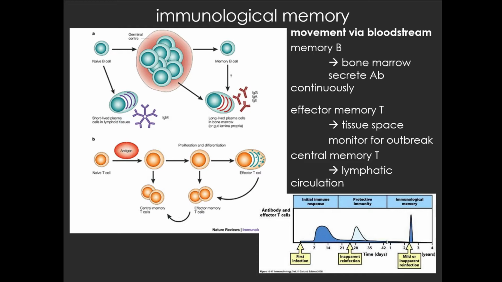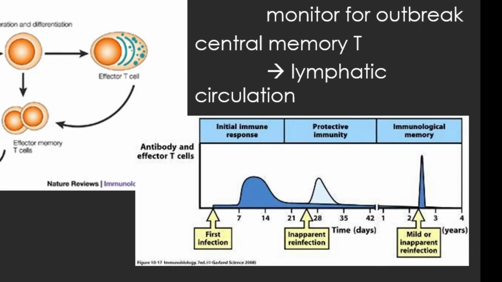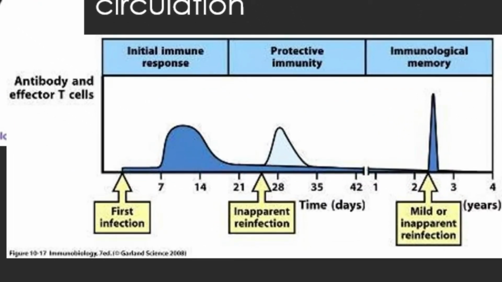So what we're seeing at the bottom here is antibody and effector T cell responses to a particular antigen, and what we're seeing is 3 different exposures to that same antigen. And it is important to realize that these are the same antigen being encountered. So at the left-hand side, we have the primary or initial infection, at which point the immune system is naive to that antigen. It's never seen it. And so this is exactly what we saw in chapter 17.